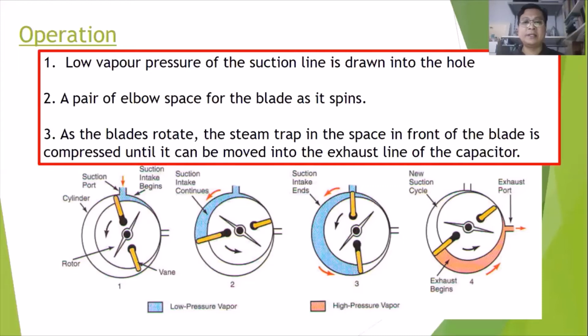So the moving is by the cylinder moving and trapping the gas, and then compressing it until the outlet system. Okay, this one is the suction system here in the yellow and red arrow, and then until the outlet system.